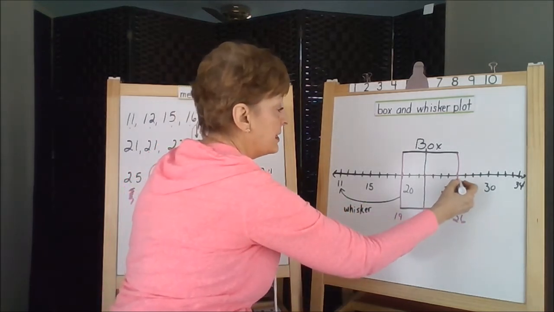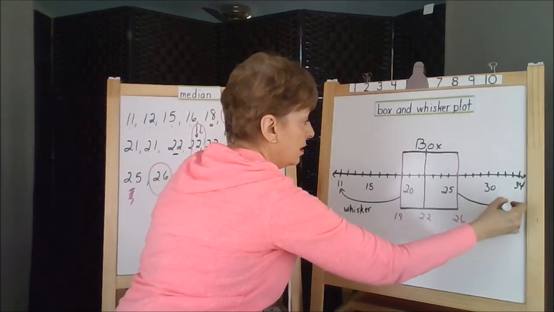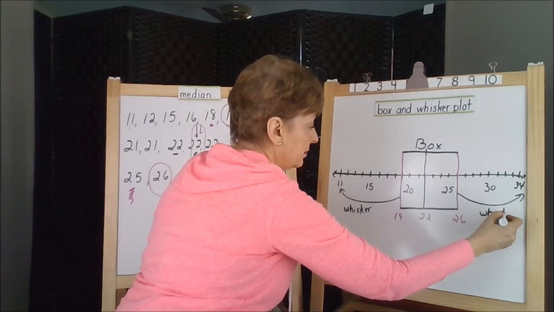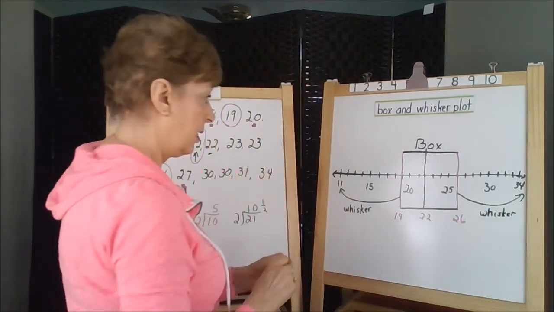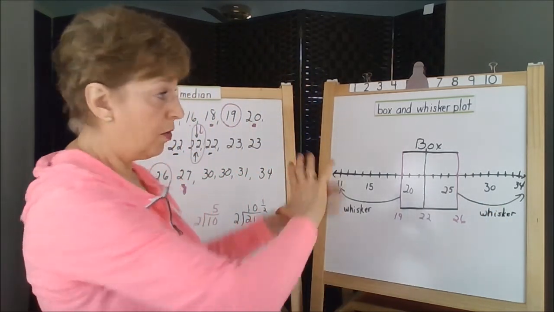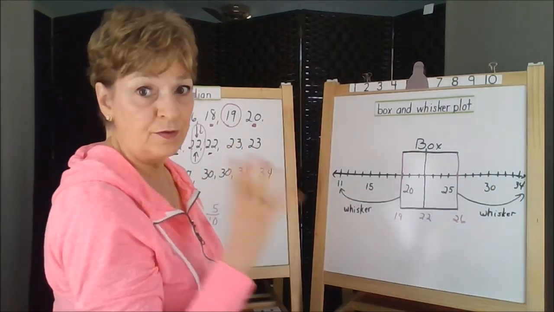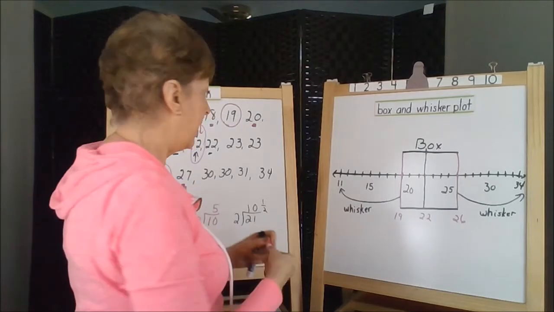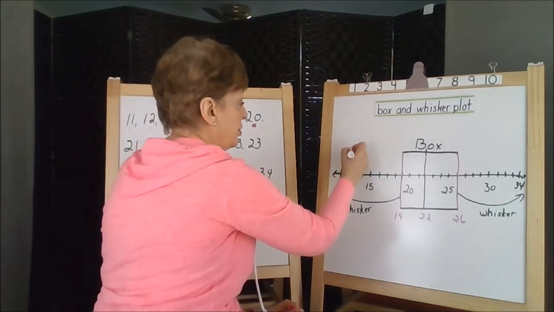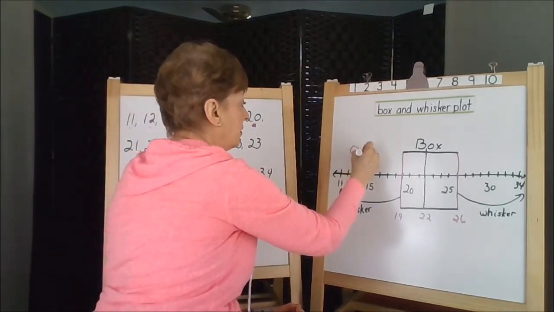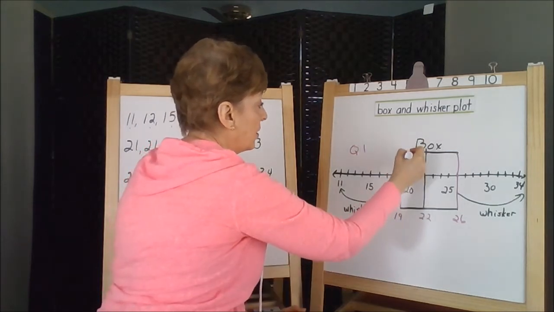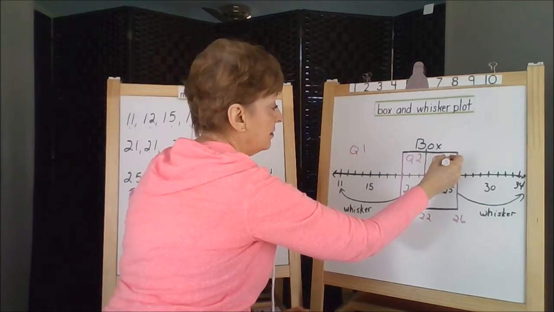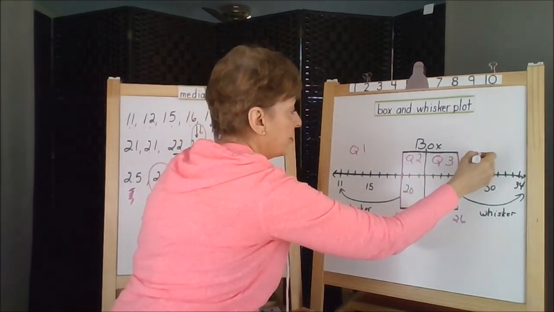And from the 26 to the 34 is the other whisker, which of course divides our whole box and whisker into 4 separate sections, where we have the first quartile, the second quartile, the third quartile, and the fourth quartile.